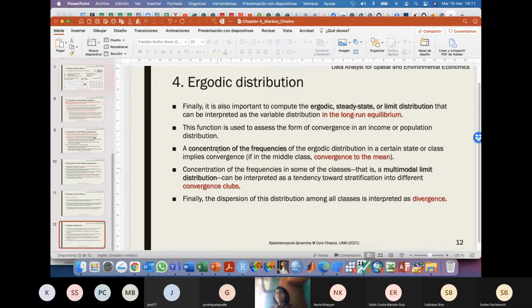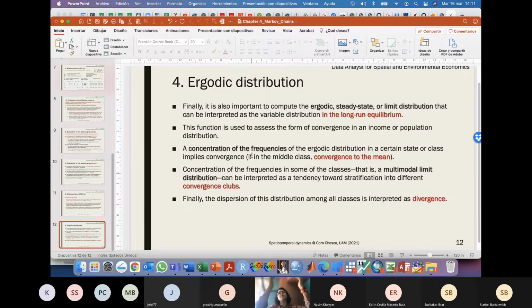A concentration of the frequencies, well, I've explained in other slides, but I will repeat. If the frequencies of the ergodic distribution are concentrated in a certain state, for instance, in the mean state, the average, we could conclude that in this set of spatial units, for this phenomenon, we will get convergence to a mean value in the future.